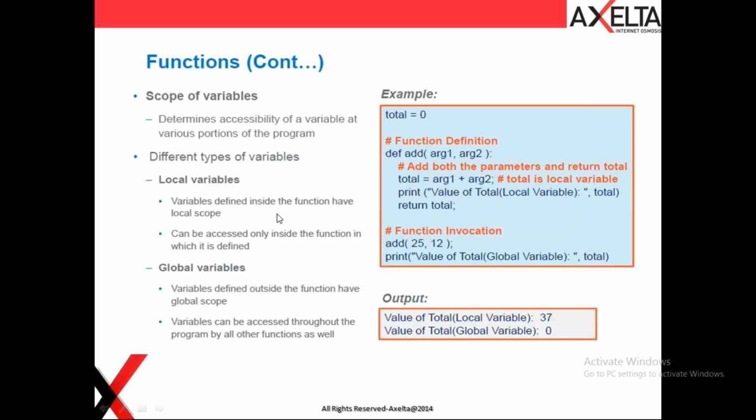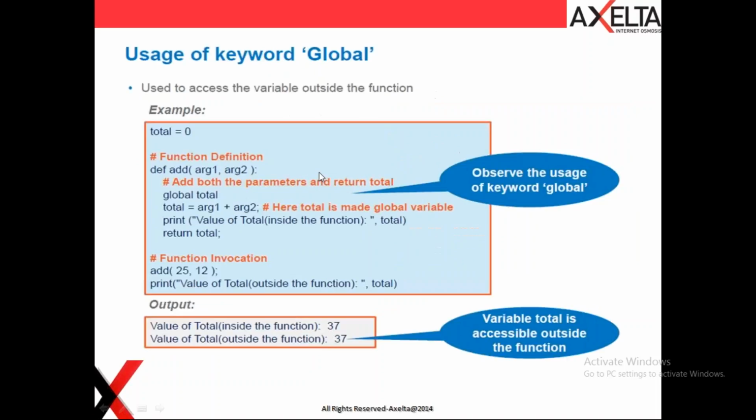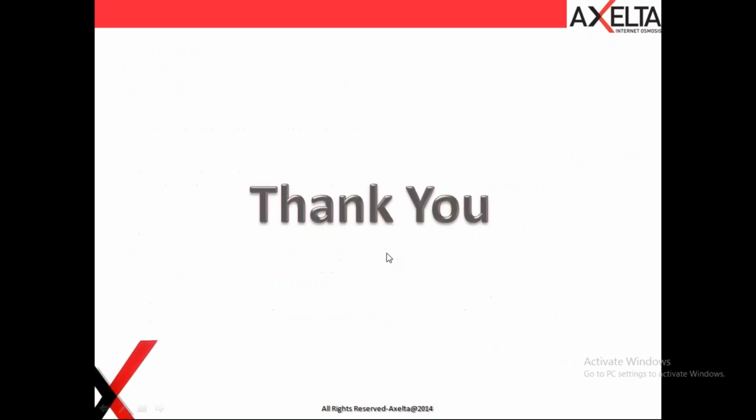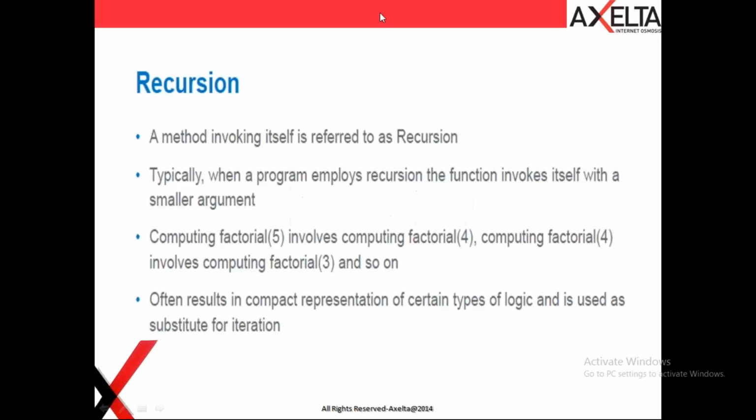And suppose you have one variable inside a function and you want to access it outside the function also, then you can use the global keyword. So this is what I have planned for today's session.